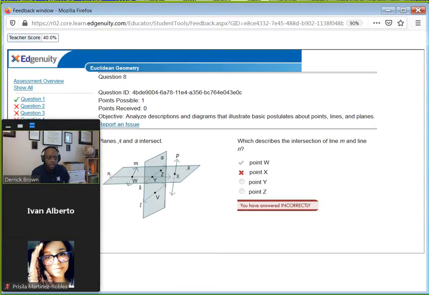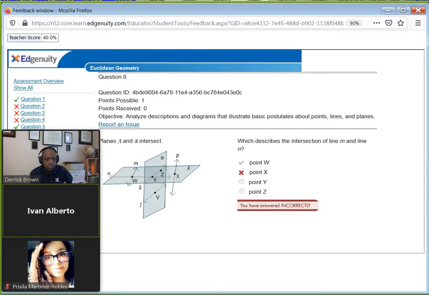Well, do this for me now. In question 8, tell me why you chose point X. So I saw a W and I saw that N went in a straight line throughout the plane, and so did M. It goes from one side to the other, and it doesn't go all the way to the other side, but I think it goes through the other plane.